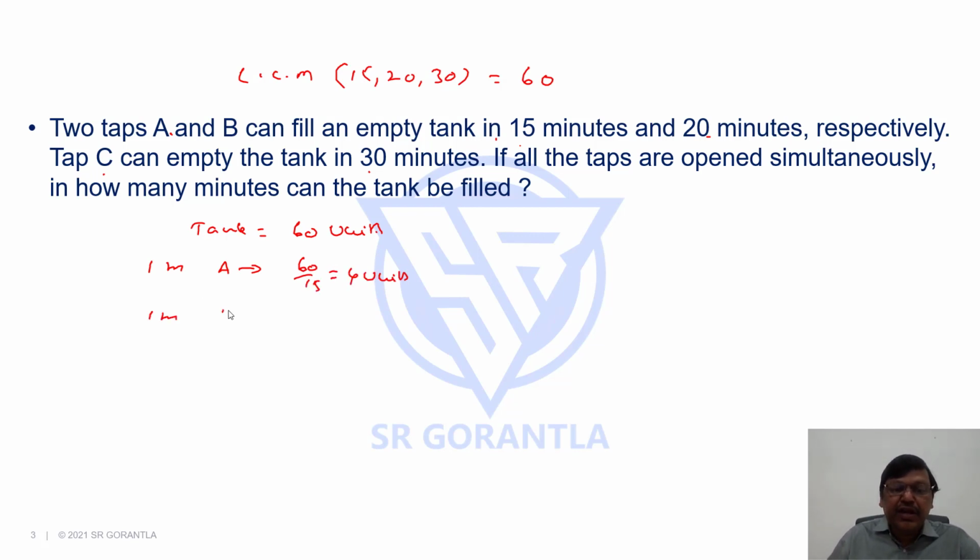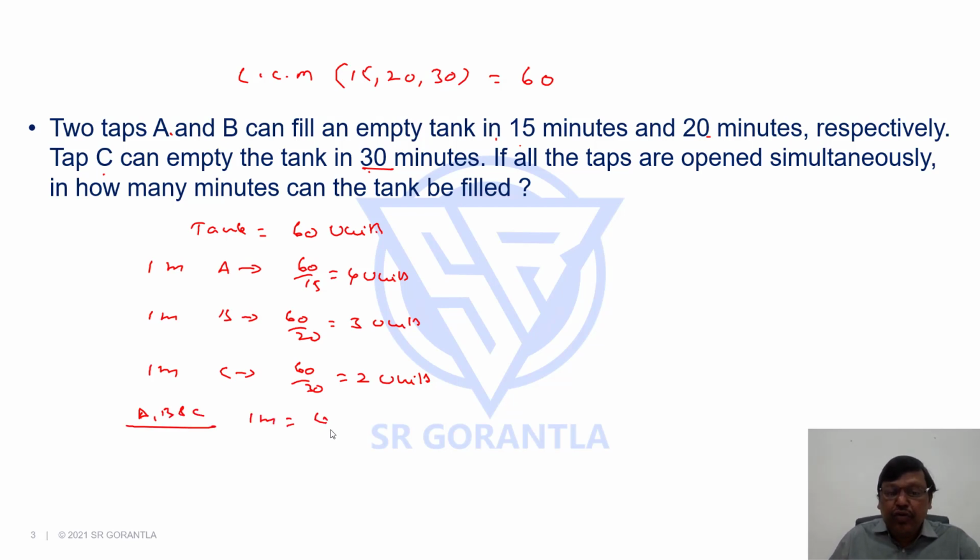In 1 minute B can fill 60 by 20, that is 3 units. And C can empty the tank in 30 minutes, means in 1 minute C can empty 60 by 30, 2 units.